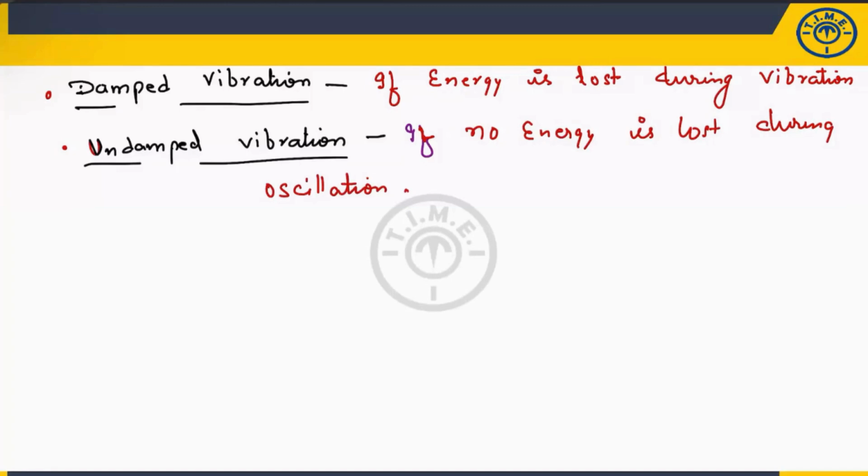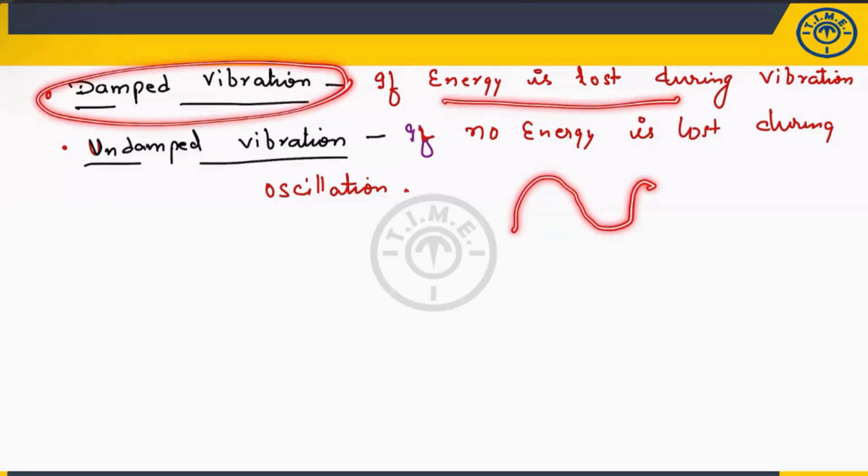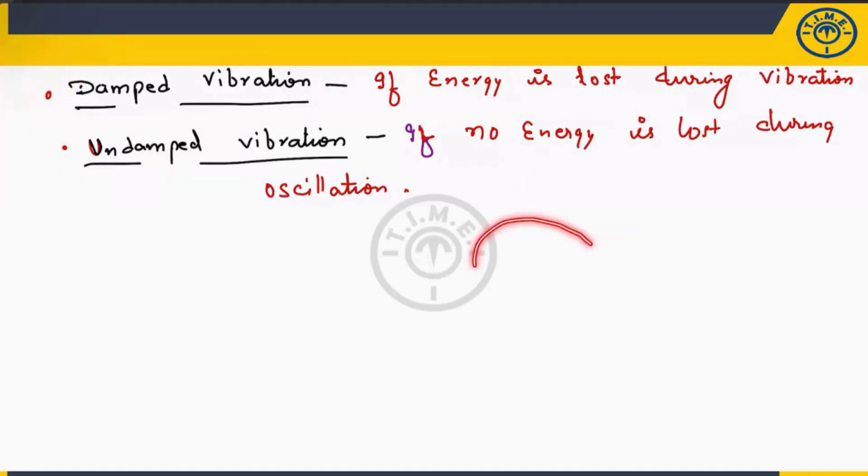Then the vibration is called an undamped vibration. That means in case of undamped vibration, the amplitude will be constant. But in case of damped vibration, if the energy is lost, then after some instant of time the amplitude of the vibration will become zero.